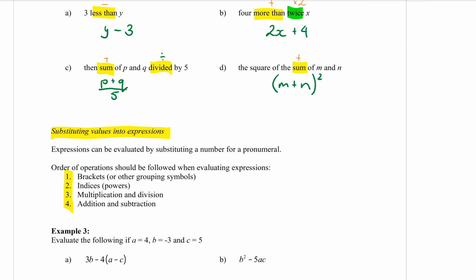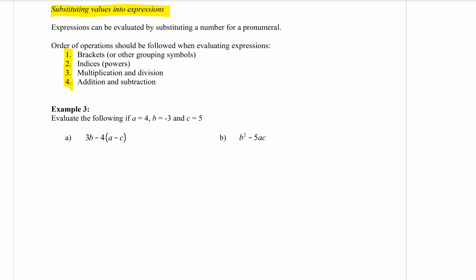What we need to do is I'm going to give you an expression. So here is the expression, 3b take away 4 bracket a minus c. And I'm actually going to tell you what the A, the B, and the C are equal to. A equals 4, B equals -3, C equals 5. We want to substitute those into the expression.